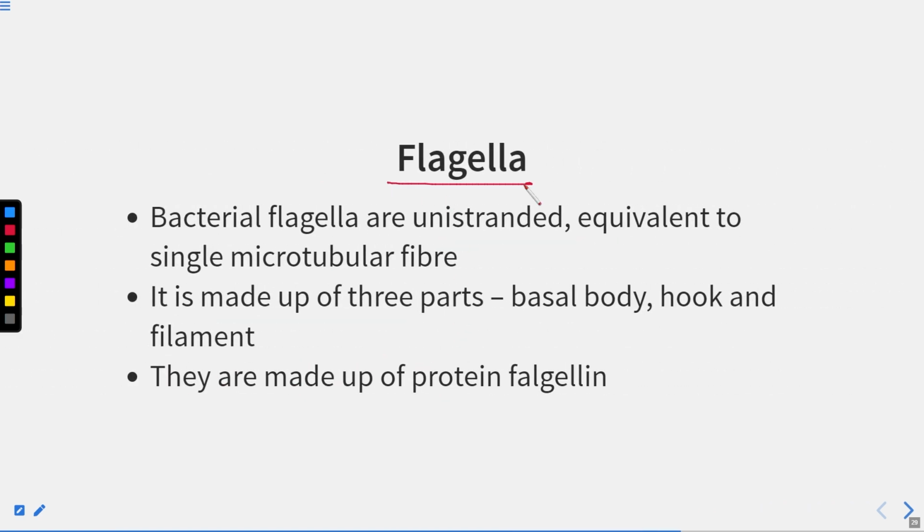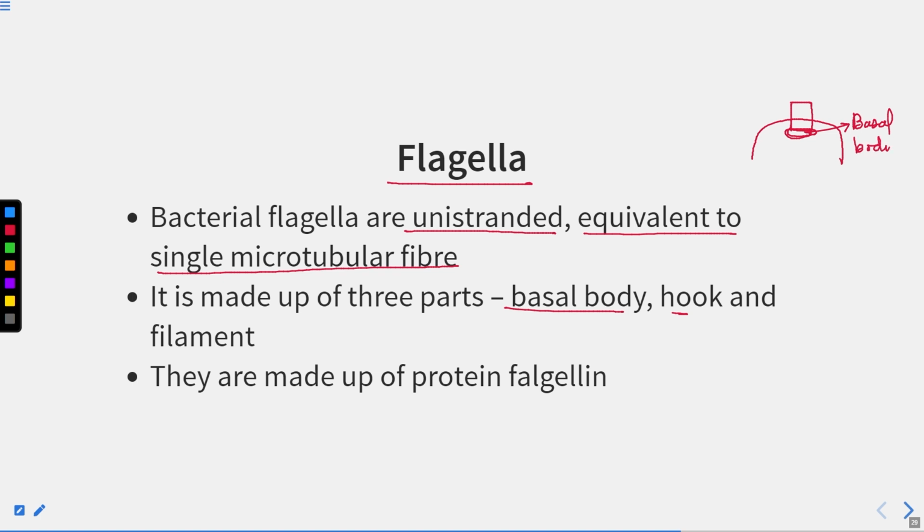Flagella, very important. Bacterial flagella are uni-stranded, equivalent to a single microtubular fiber. It is made up of 3 parts: basal body, hook, and filament. So if we talk about the bacterial cell, here the basal body is there, right? Like this. This is the basal body.